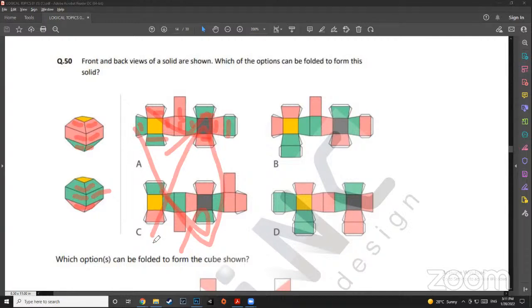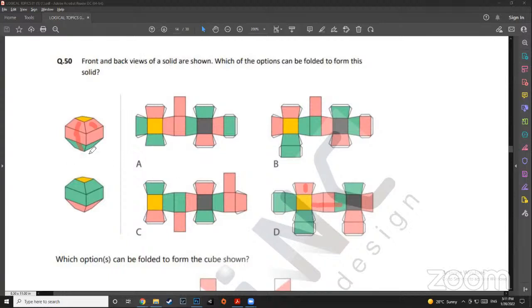Now imagine that you take this shape and close it, pack it. Pink, pink, green next to pink, pink, green, right? So this pink can be this, and then this side would be pink, pink, green.